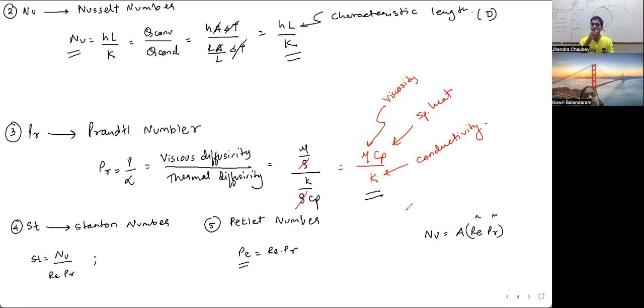If a fluid is flowing, then there are two properties which come into the picture: one is the flowing of the physical mass, and secondly, the motion of the heat. So if the fluid is flowing at some rate, and at the same rate the heat is flowing, then such a fluid will have a Prandtl number equal to 1.